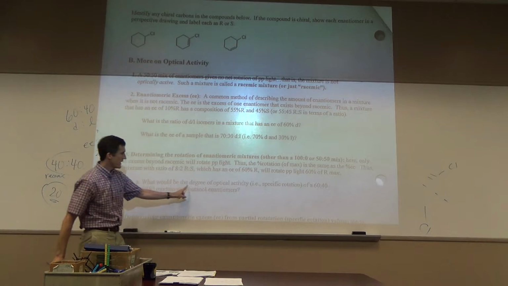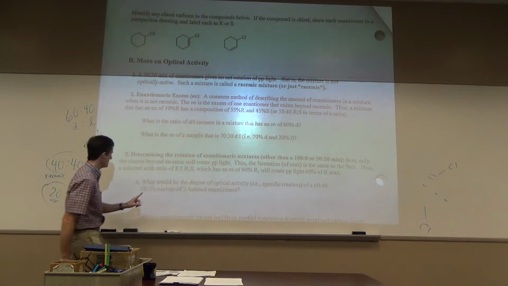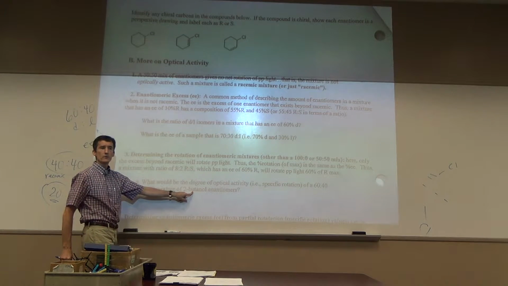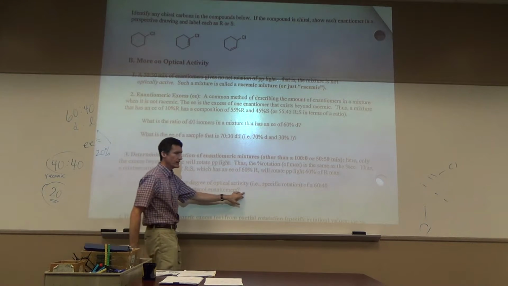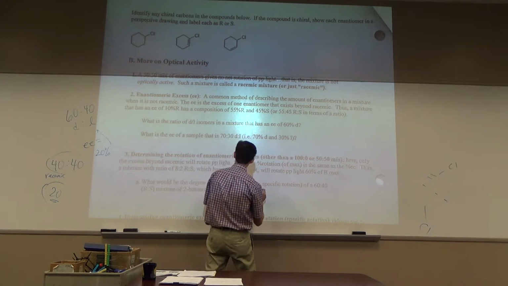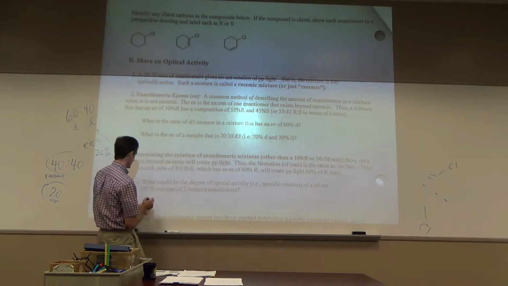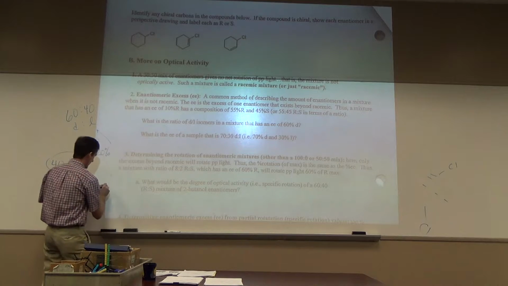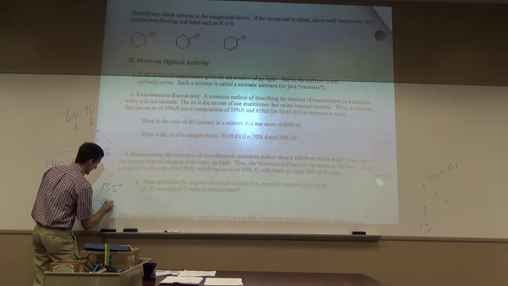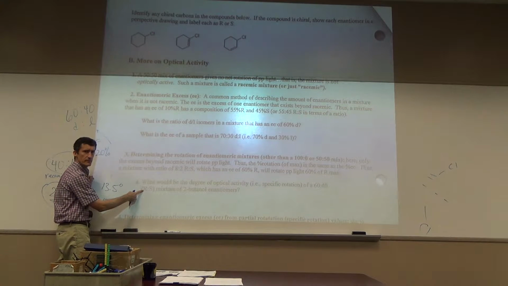What would be the degree of optical activity, that is, what's the specific rotation of a 60-40 mix of 2-butanol? By the way, we did 2-butanol. What's the rotation of 2-butanol? 13.5. R and S. This is R. Was R plus or minus?